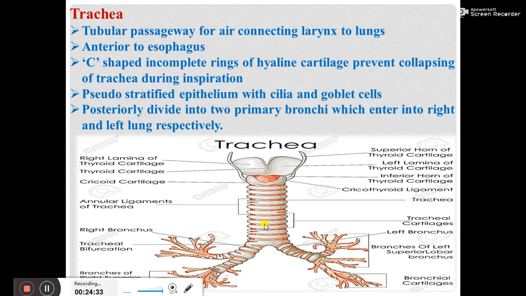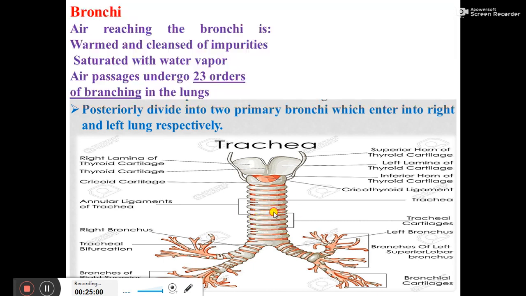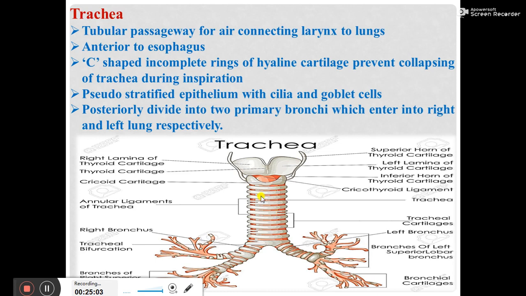Here the cilia are present and the goblet cells produce mucus, and the foreign particles or bacteria attach to the mucus and the lysosomes digest them. The beating mechanism of the cilia traps the foreign particles and throws them back to the buccal cavity, and from the mouth we spit them out by coughing or spitting. So this is the mechanism.